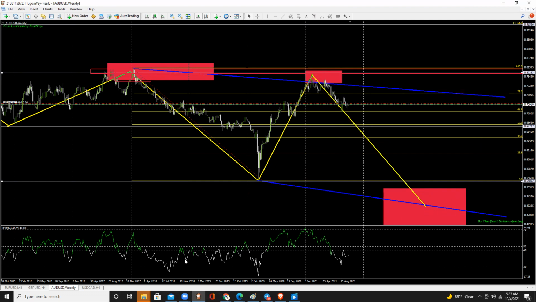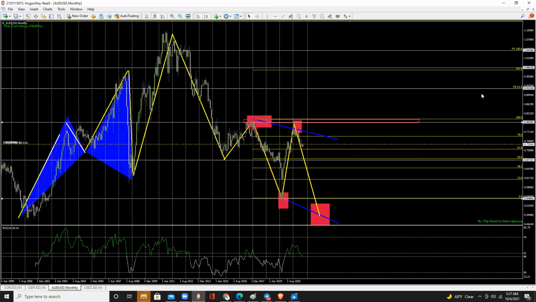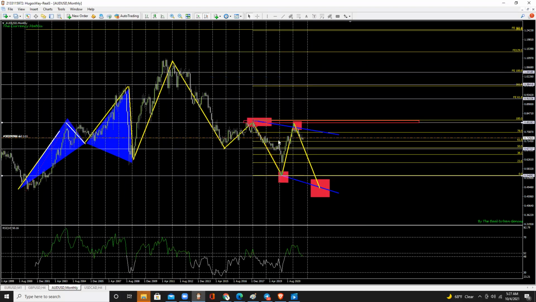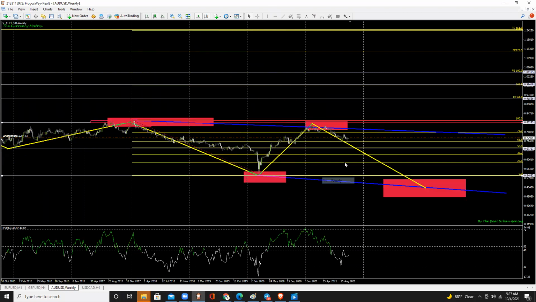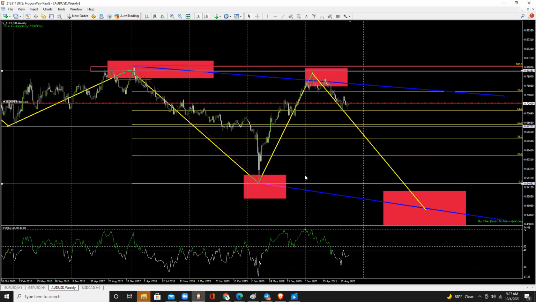Because again, what we're looking for now that we do have a lower high, now we would anticipate another lower low coming to complete and confirm this downtrend that we've already projected from looking here at the monthly. Here's the monthly. These are the same markups I'm drawing, they just look different on different time frames. But here, back at the weekly, we would now be seeking a swing low, a lower low.